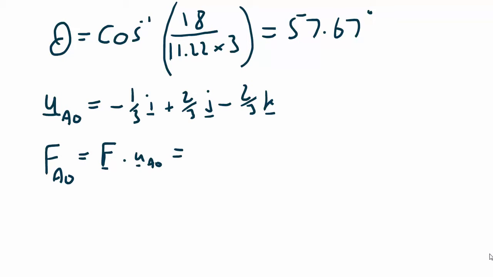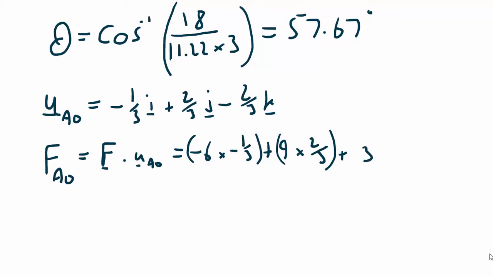So it's going to be -6 times -1/3 plus 9 times 2/3 plus 3 times -2/3, and that's going to equal 6 kilonewtons.